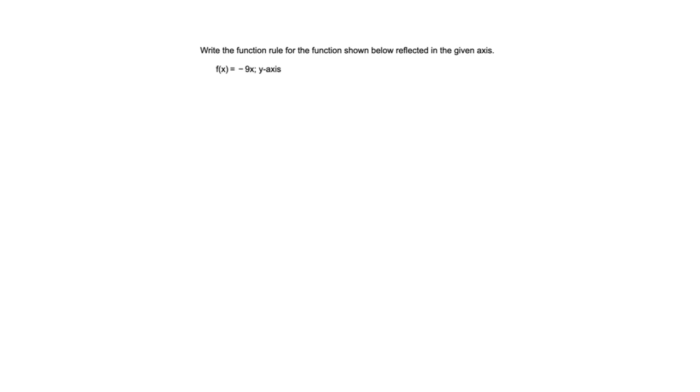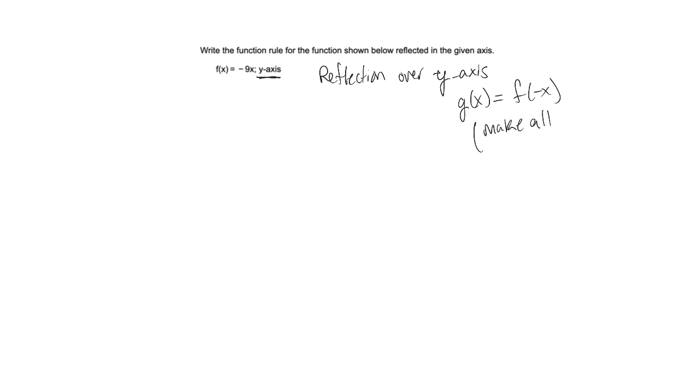So in this problem, we're reflecting over the y-axis. Reflection over the y-axis means g of x is equal to f of negative x, meaning make all x's in the function negative.